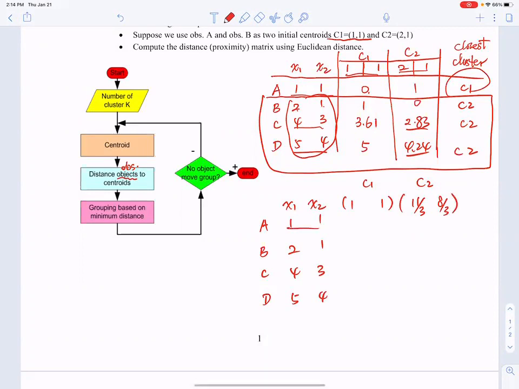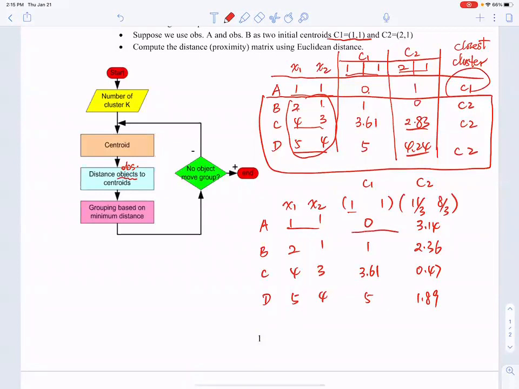Now let's calculate the distance. This is 0, this is 3.14. This is 1, this is 2.36. This is 3.61, this is 5. Centroid 1 doesn't change, but the distances to centroid 2 change: 0.47, 1.89. Let's see the cluster number.